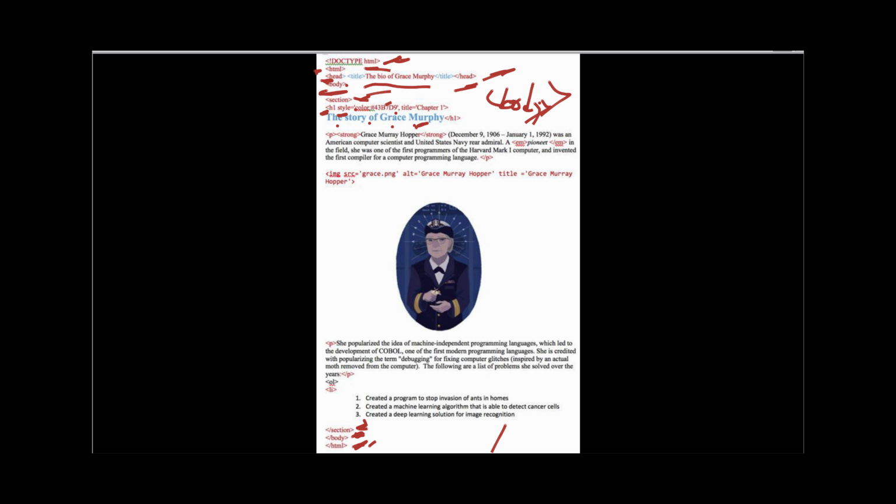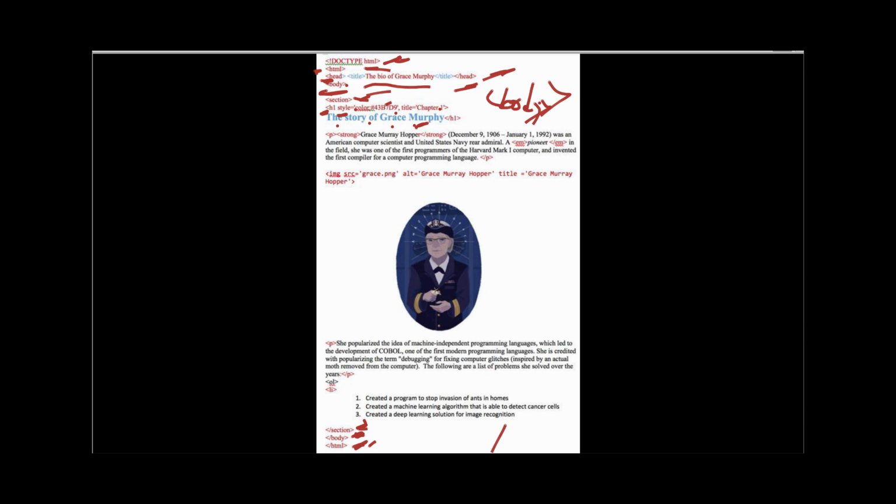All right, so we say the style attribute, we're giving it color, and the title attribute, we're giving it chapter 1. So if you want to add more attributes to your H1, all you need to do is add a space after chapter 1 and keep adding. Remember, you state the attribute, then you now give it a value.